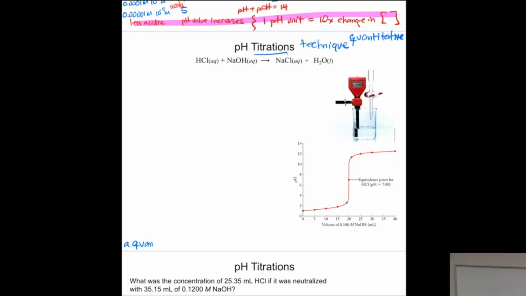It's a quantitative technique to determine the concentration of an unknown acid or base using a standard known of the other.